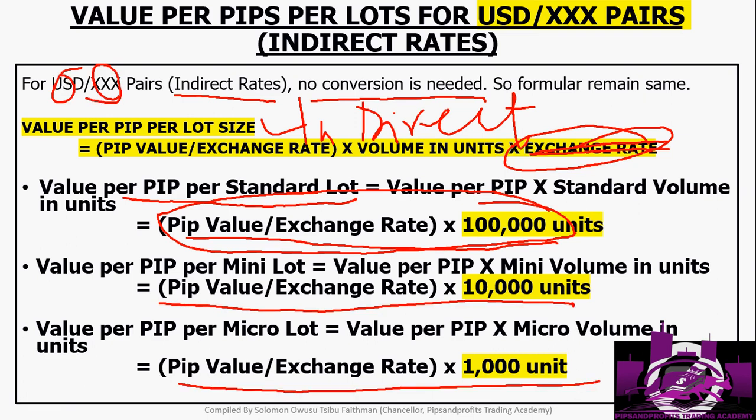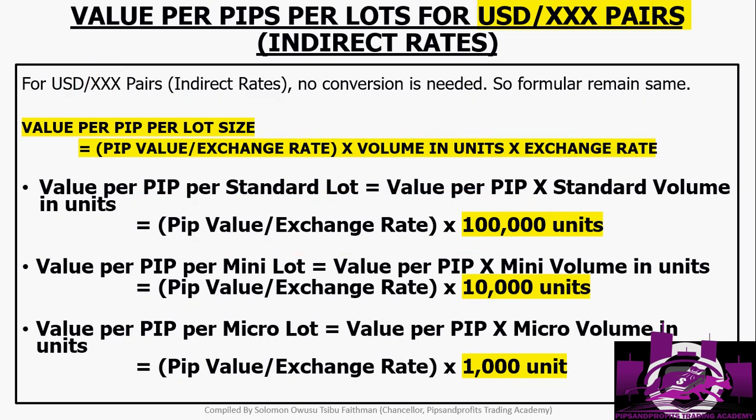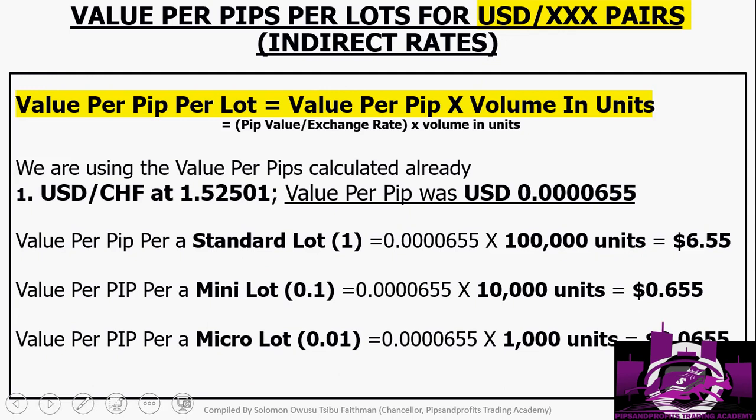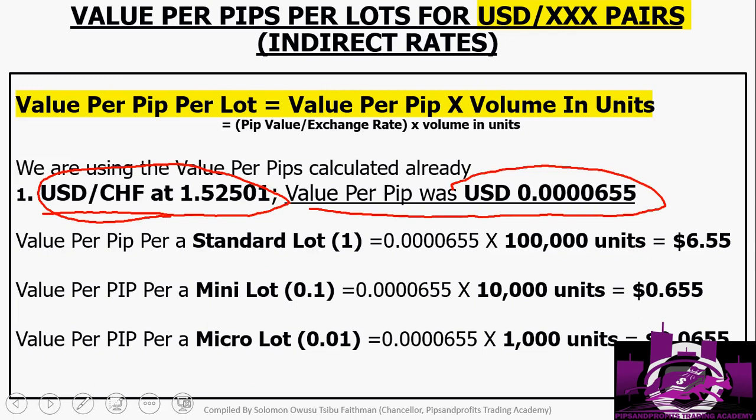Okay, so let's take examples. We are not going to use any different examples. We are using the examples we have calculated their value per pips already, so that we can go through this quickly. These are the examples that we have. So for USD CHF, when we did the calculation, the value per pip was at this.